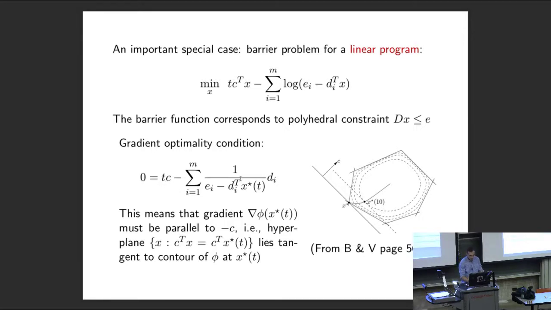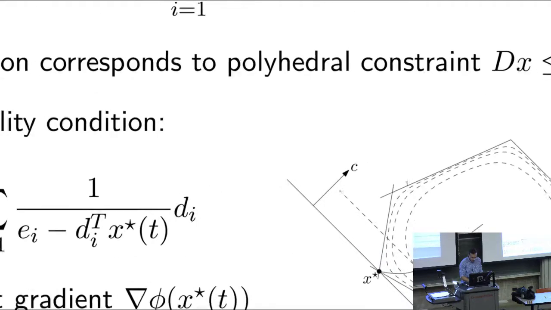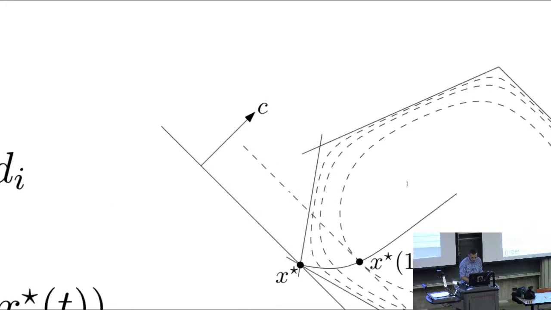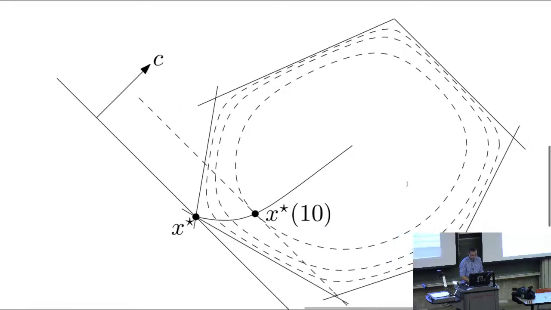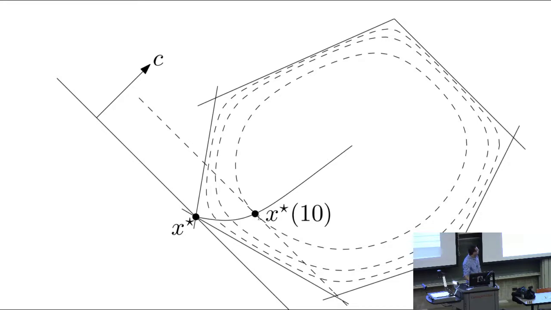So if you look at this picture, I can zoom in. This is the polyhedron, my constraint set. This polyhedron is the set of all x's for which d_i transpose x is less than or equal to e_i for all i, and the contours of the barrier function are being drawn here.